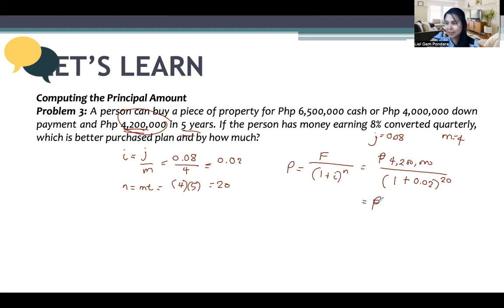So it means that that person will place a principal of 2,826,479.60 pesos in the bank. And this money will turn into 4.2 million in 5 years. But remember, there was a down payment of 4 million, right?